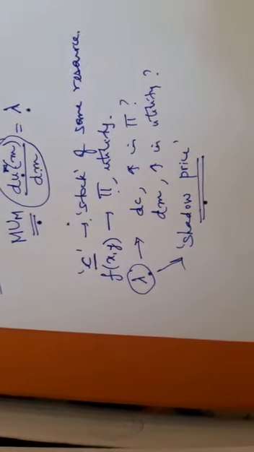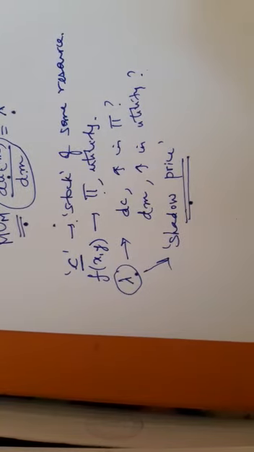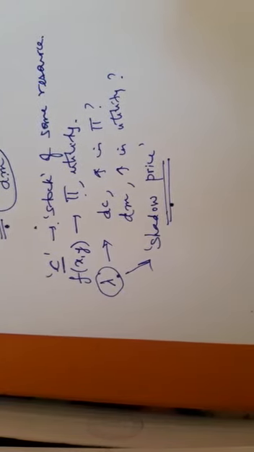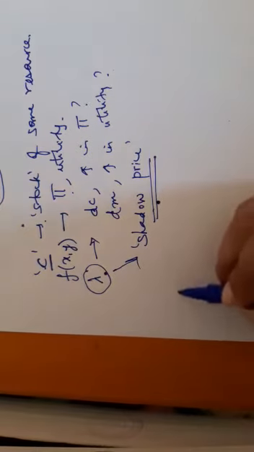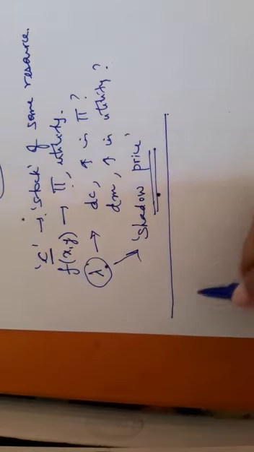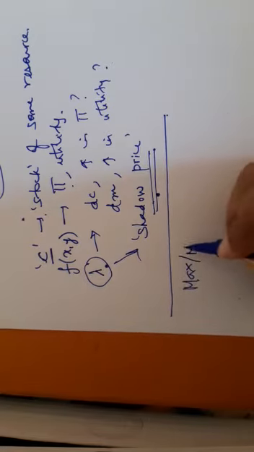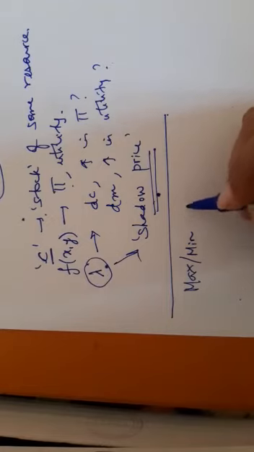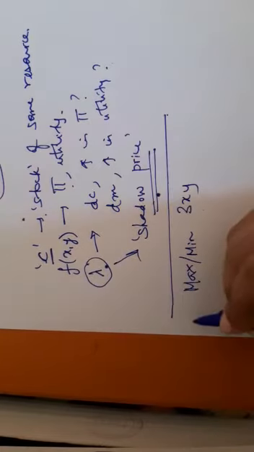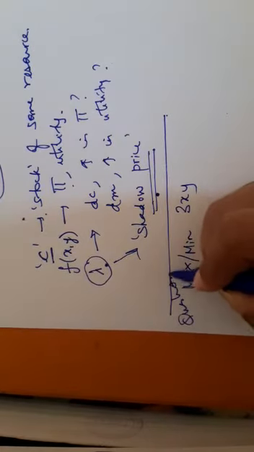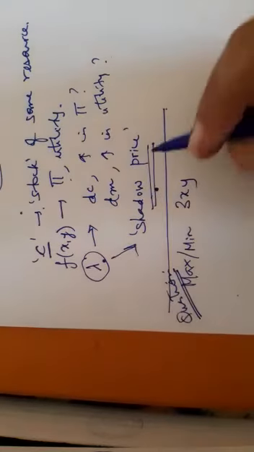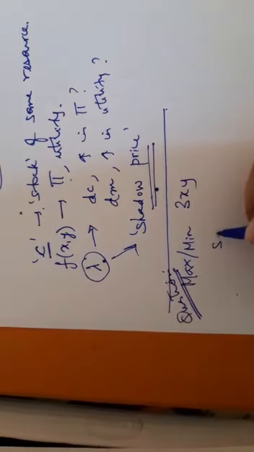Okay, so that's all that I have for the teaching part today. What I would like you to do next is practice a few problems. So one problem could be this. Let's say you have to maximize and minimize 3 times xy. This is your question for practice.